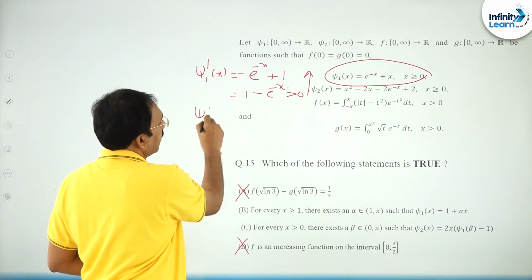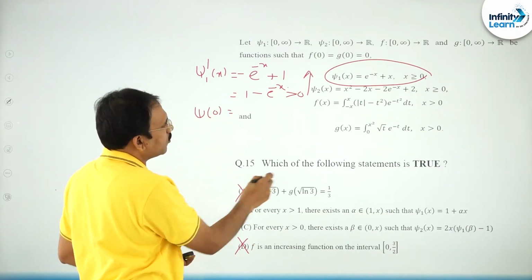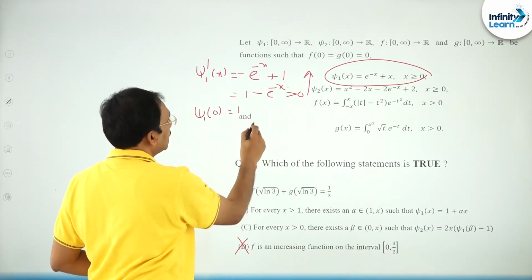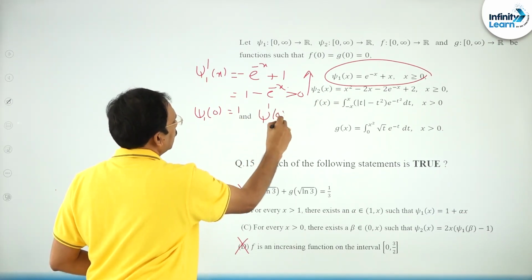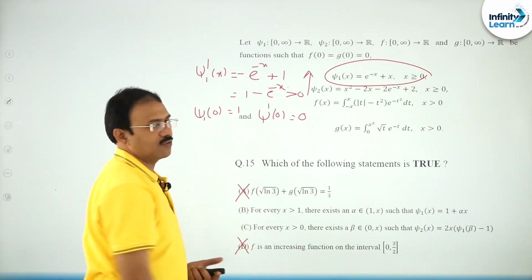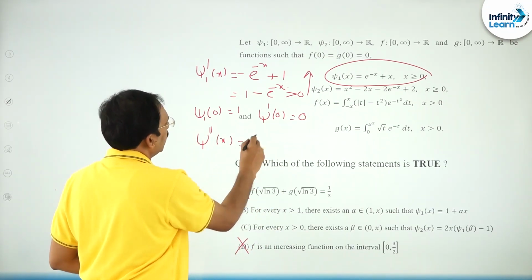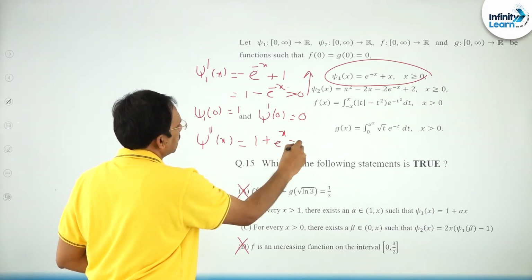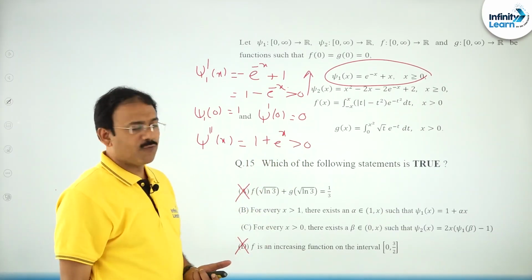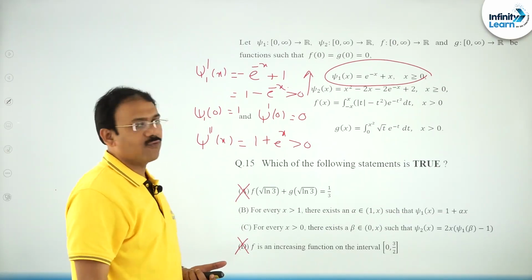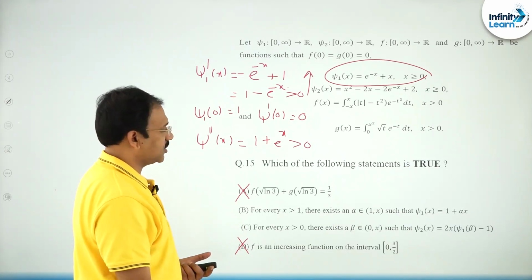Moreover, what is psi of 0? It is going to be psi 1 of 0, you can just see it is 1. Psi dash of 0, you can also observe it is 0. You just take psi double dash of x, which is going to be 1 plus e power x, which is always positive. So friends, you can say that psi 1 of x is a concave upwards function, right.